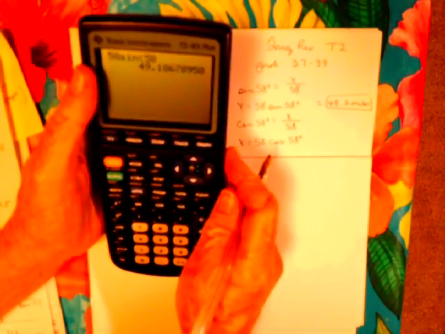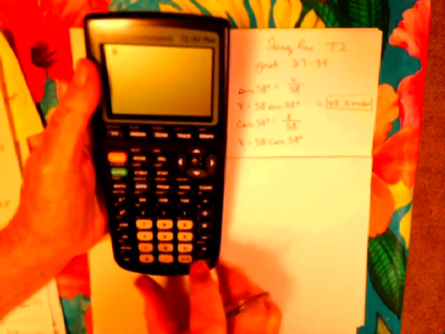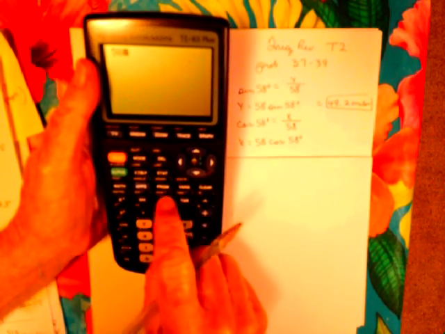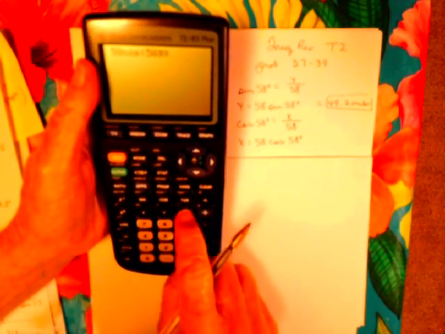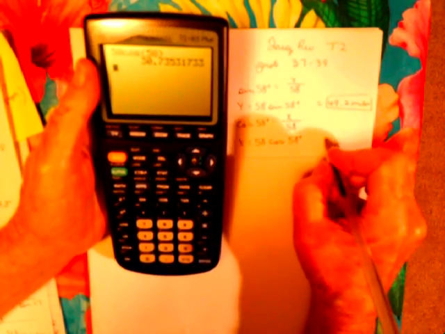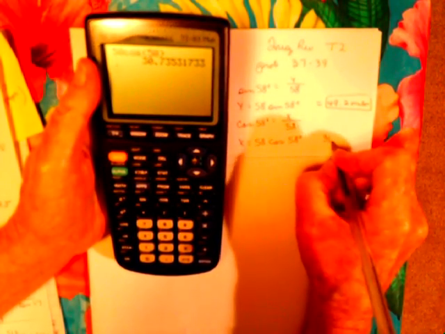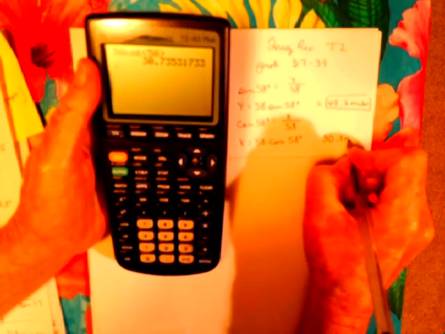Use your calculator. 58 cosine 58 degrees is 30.7 miles east. And this was 49.2 miles north.